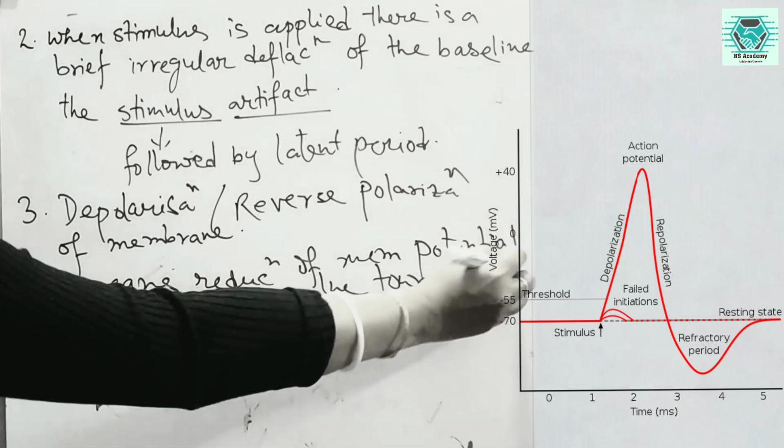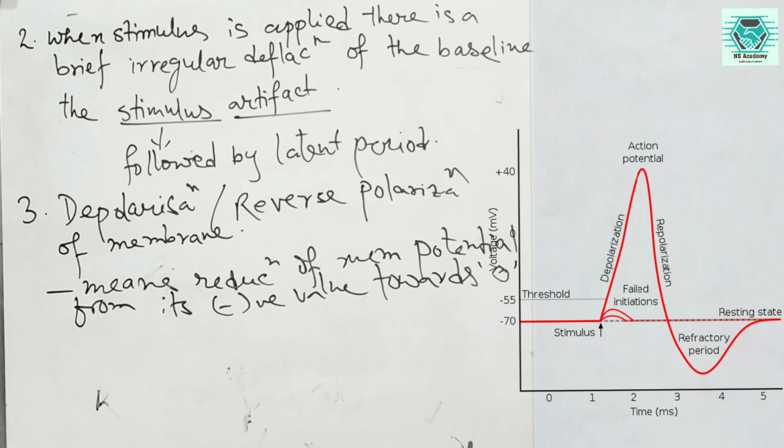Okay. So it goes from minus 70 to minus 55, minus 40, minus 25, and gradually it goes. So which one is the threshold potential? Which one is the spike potential? Then it will come later on.